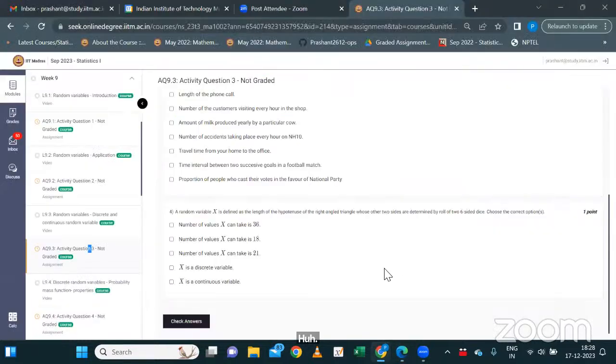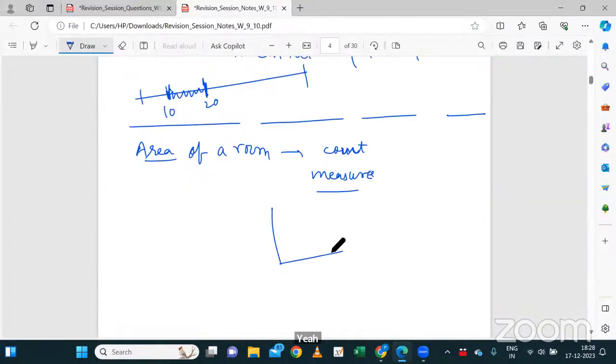See, the length of the right angle triangle. Length is measured, it's not counted, right? Yes, sir. But if it was mentioned in centimeters, then it would be continuous.